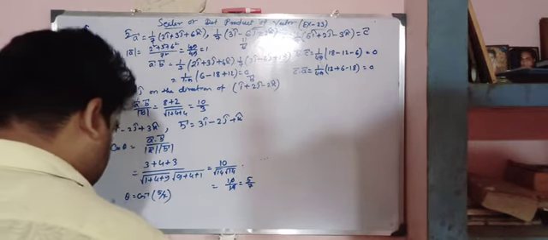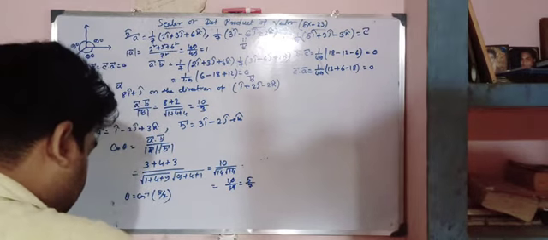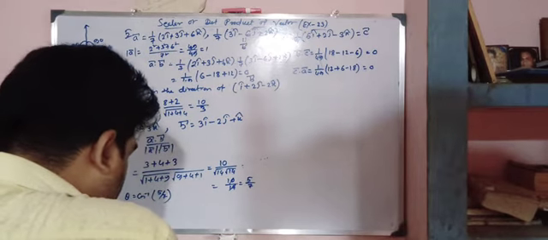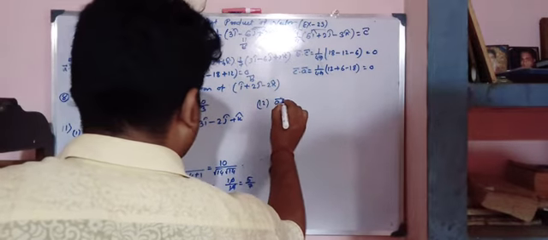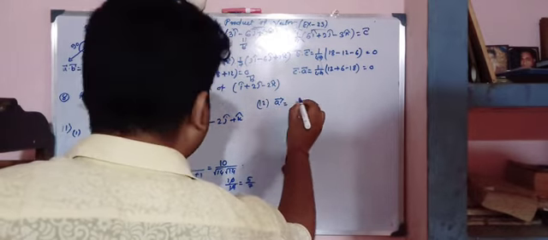The question is given here. Question number 12. A and B are given. Then calculate the angle between 2A vector plus B vector and A vector plus 2B vector.